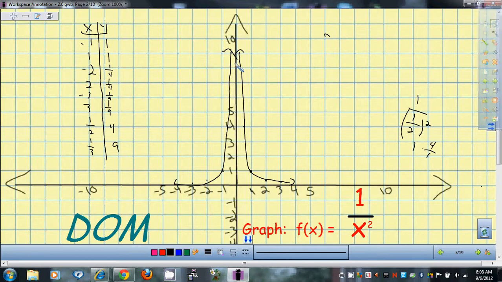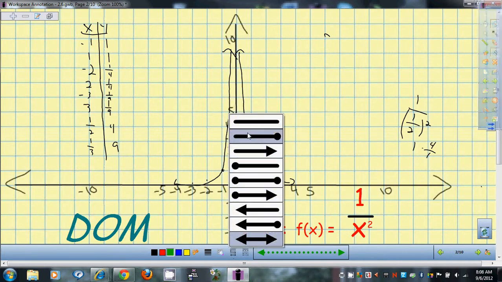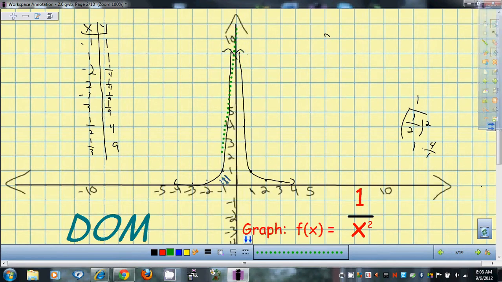So whatever values aren't in your domain, most of the time, I'll show you the exceptions in a minute, wherever that happens, so in this case just 0, there's going to be an imaginary line, a vertical line at that exact spot, where your graph will not touch but will ride right along next to. So for this one, that was the line x equals 0. An imaginary line that your graph is going to get closer and closer to from both sides but not actually touch. That is a vertical asymptote.